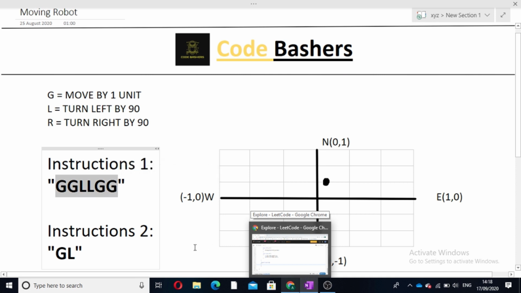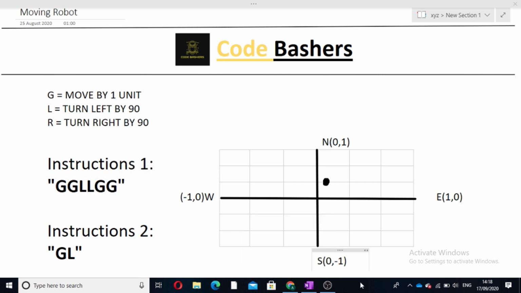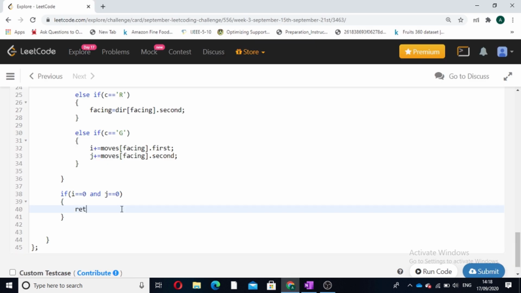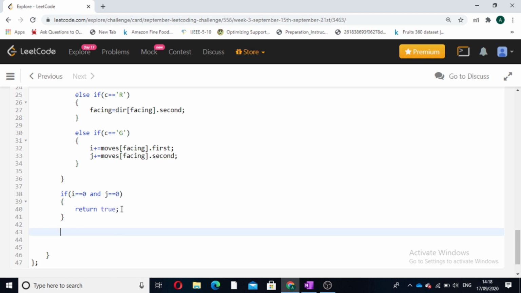After following these instructions, we have come back to the origin. So in this case we will return true. This was the case when we have come back to the origin.